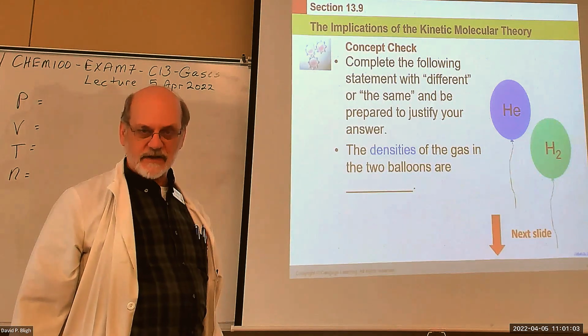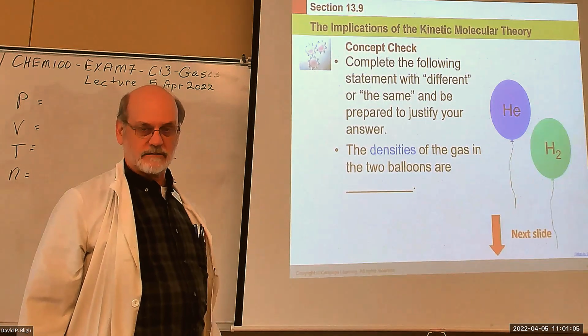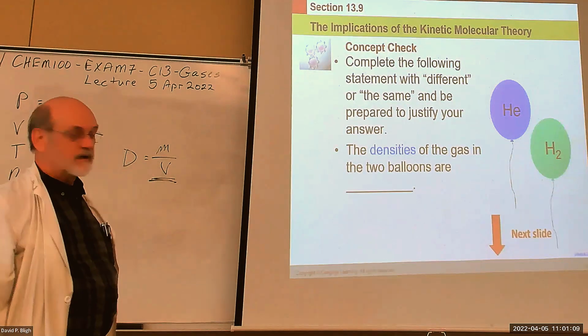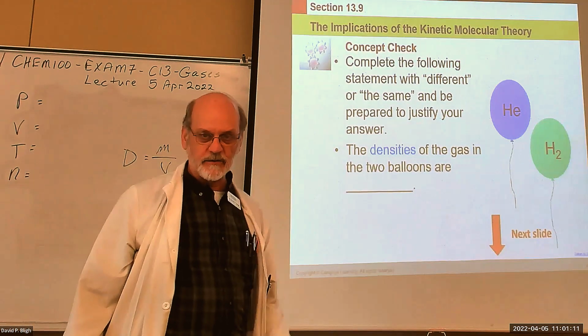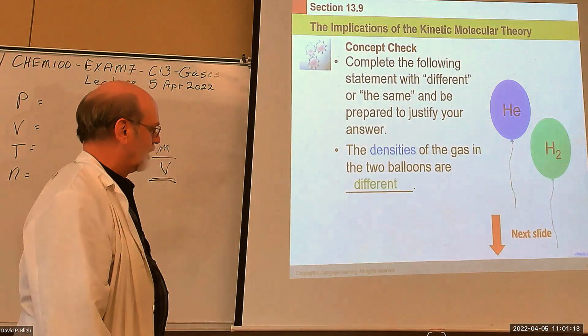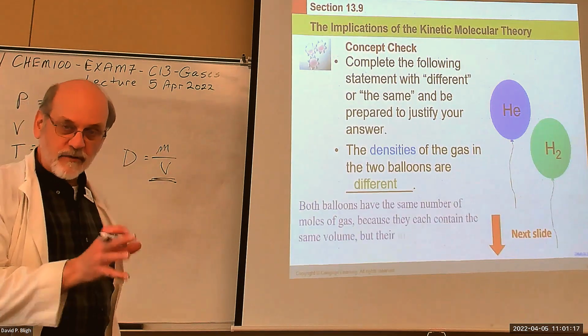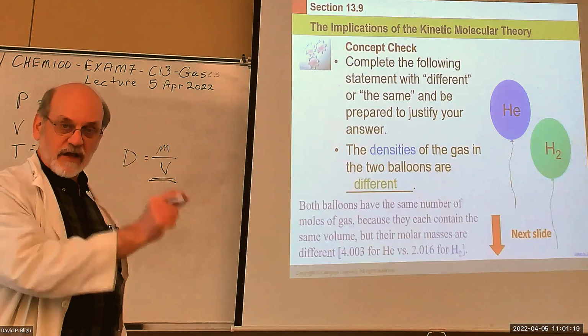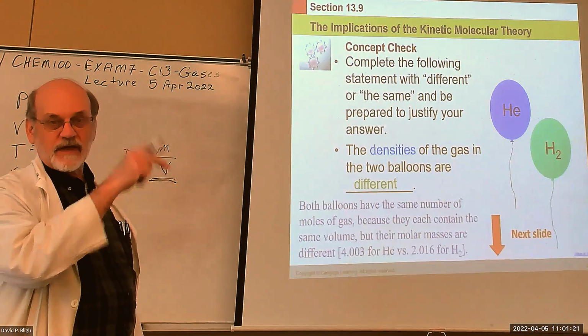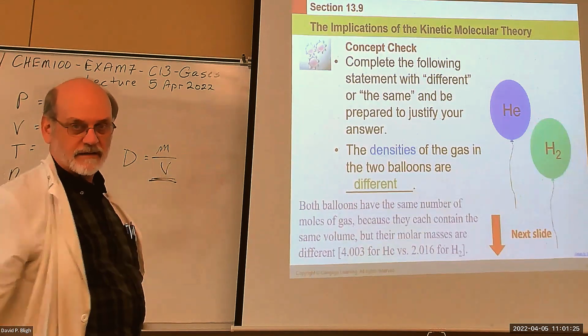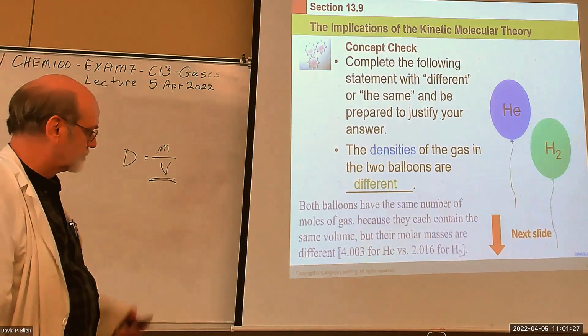Helium is twice as heavy as dihydrogen. So the density for helium should be twice that of hydrogen. Right? They are different because they have the same number of molecules, and each molecule is a different mass than the other. Helium is a different mass than dihydrogen.